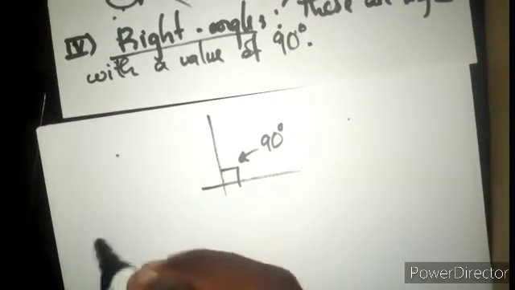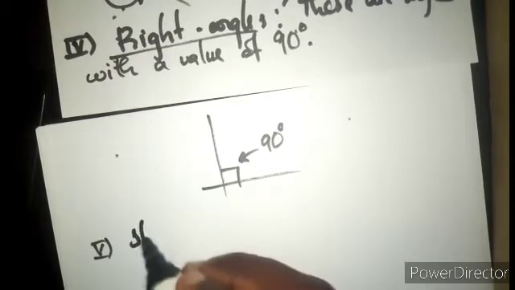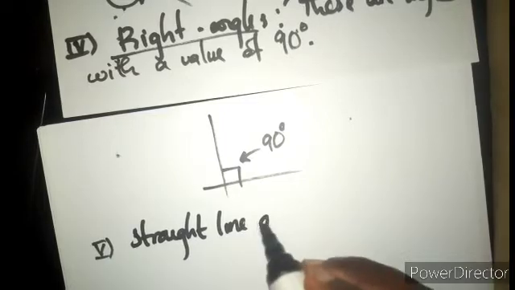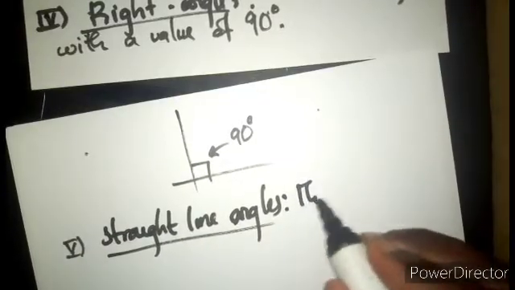Now the last type we'll look at is the straight line angle.